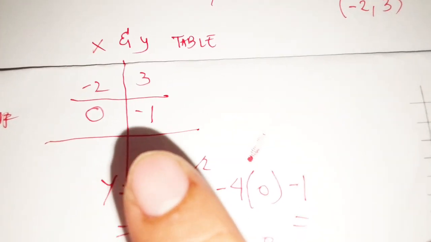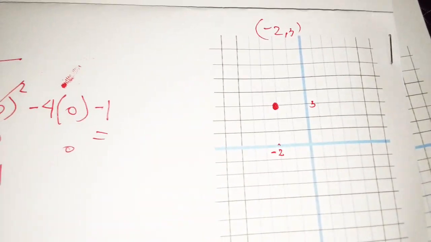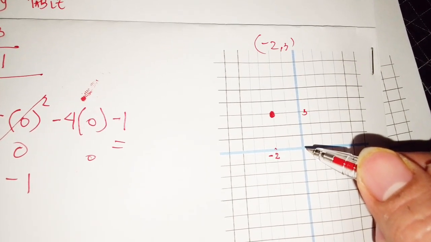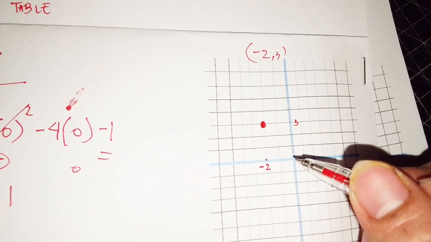The 0 lies at the origin, while the negative 1 is in the down part of the Cartesian plane. That was the y.